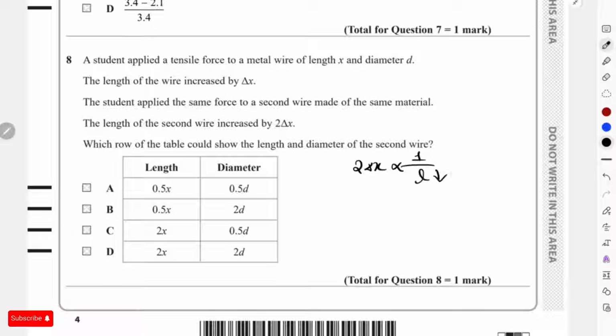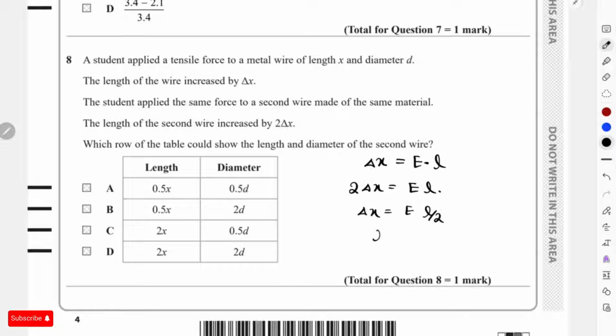So in that case, to make these two even, delta x, for example, you have a constant in between them, is equal to strain multiplied with length, right? So if you increase twice x multiplied with length, this 2 will actually go to the right hand side, and it will be divided by L. So the L actually becomes half.